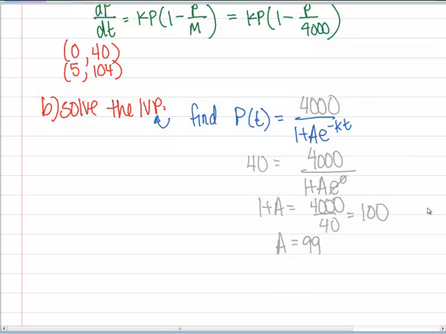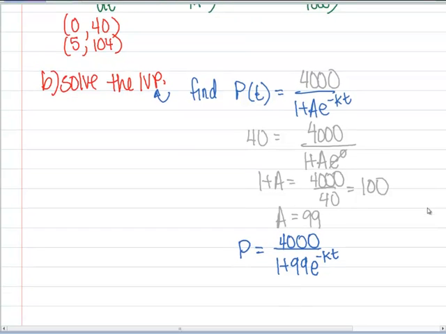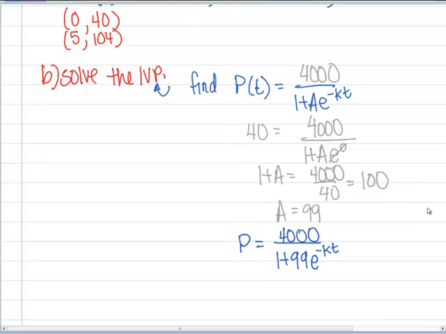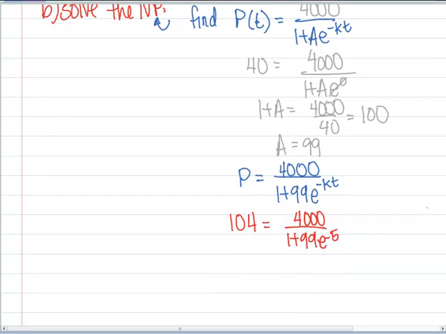I have that. Now I need to find k. So since I know P equals 4,000 over 1 plus 99 e to the negative kt power, now I'm going to use my initial condition (5, 104). So this is 104 for my population at time t equals 5, with e to the negative 5k power.